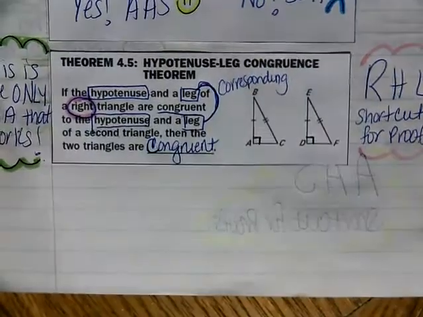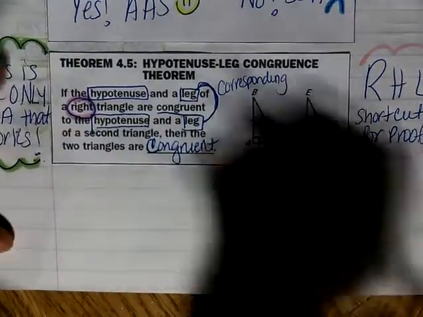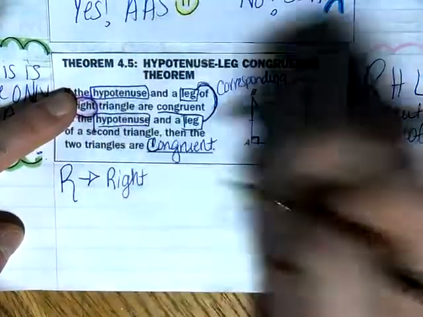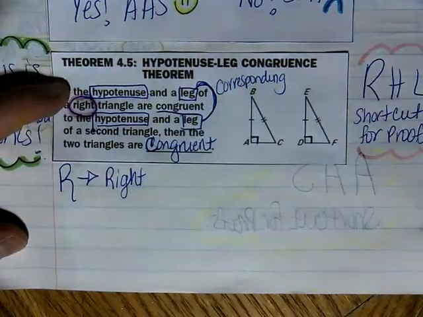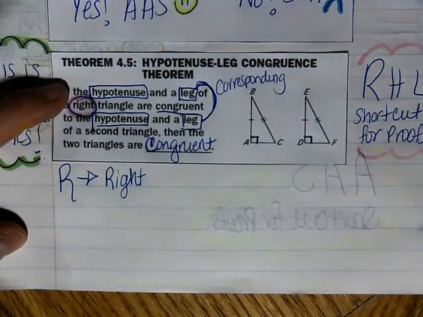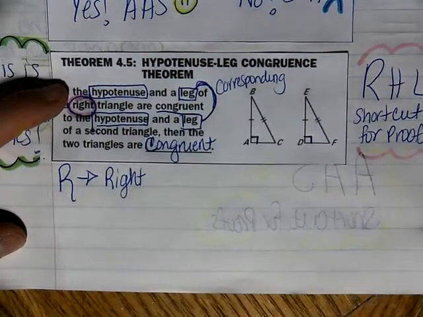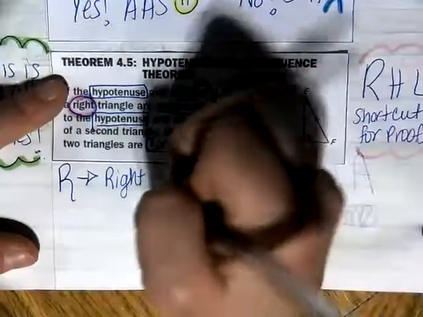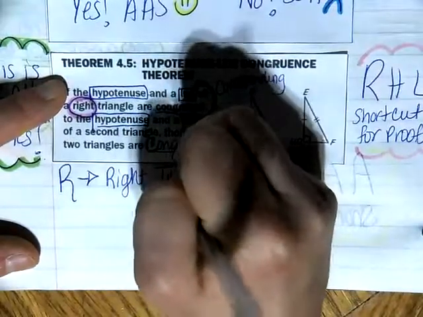So let's make sure that we understand what the R, the H, and the L is. In your proofs, the R represents a right triangle. So in your proof, you're going to show that your triangle has one right angle in it. And as soon as you have a right angle, then we would call the triangles right triangles. So R represents right triangle.